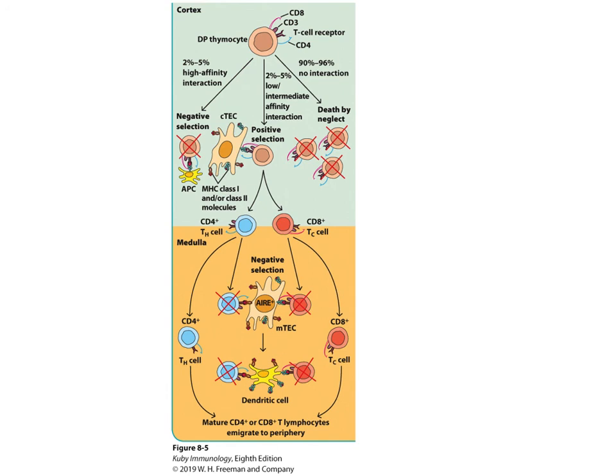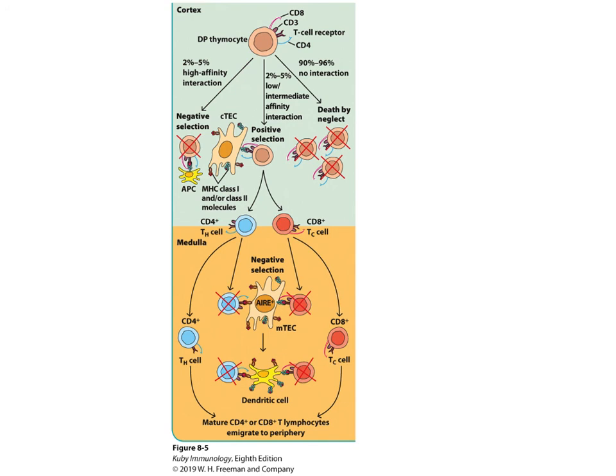So any cells that are responding with a high affinity would undergo negative selection, so they would be removed. They would undergo apoptosis. If they have no interactions, which is a possibility, so they're not able to bind to the MHCs, they would end up undergoing death by neglect.